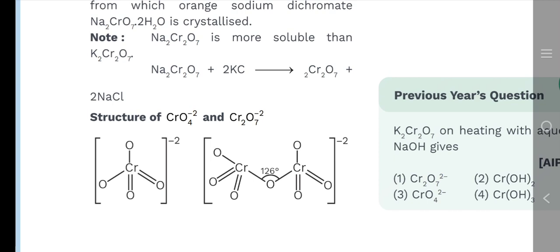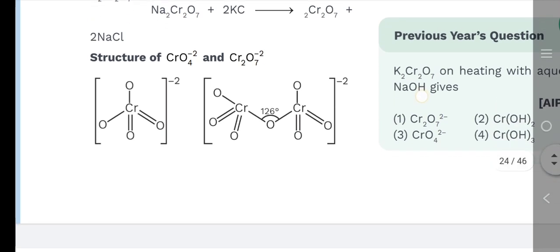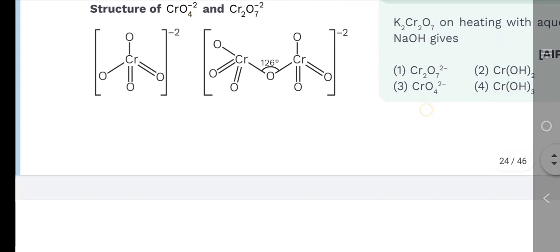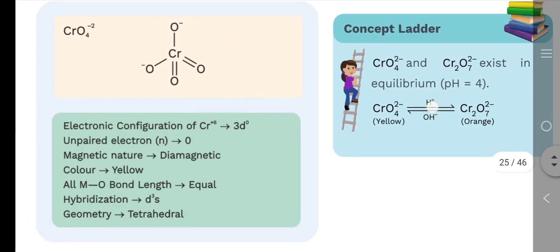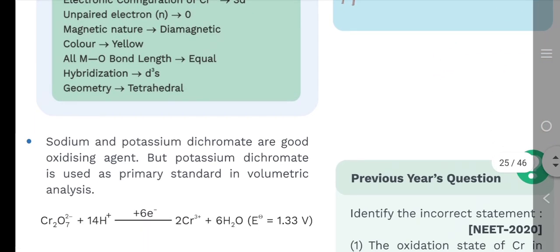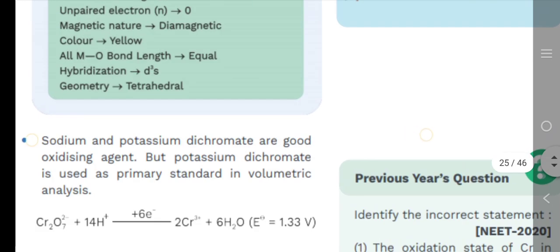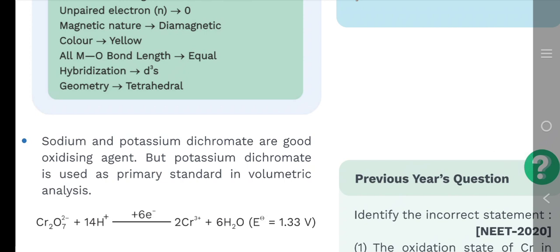The structures of CrO4 2- and Cr2O7 2- are given below. Sodium and potassium dichromate are good oxidizing agents, but potassium dichromate is usually used as a primary standard in volumetric analysis.